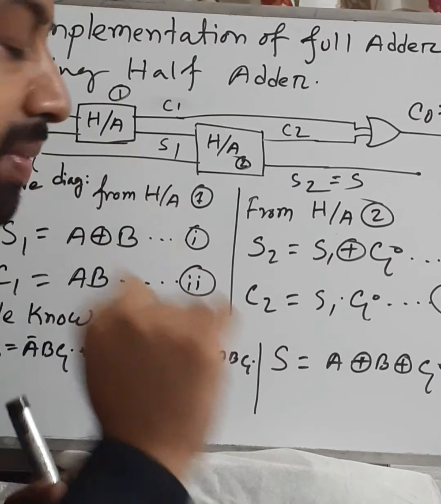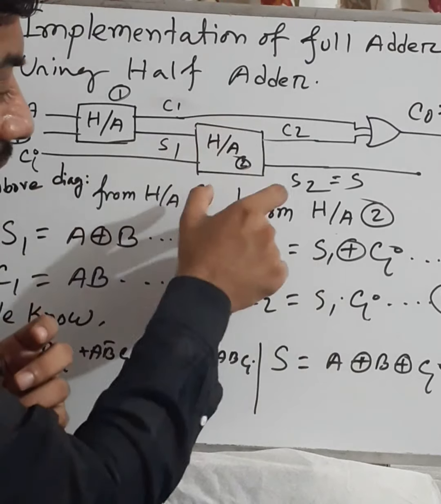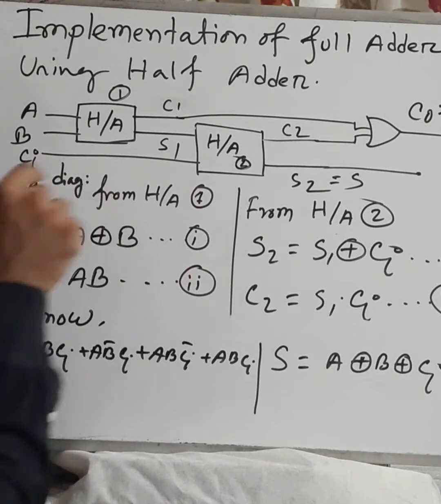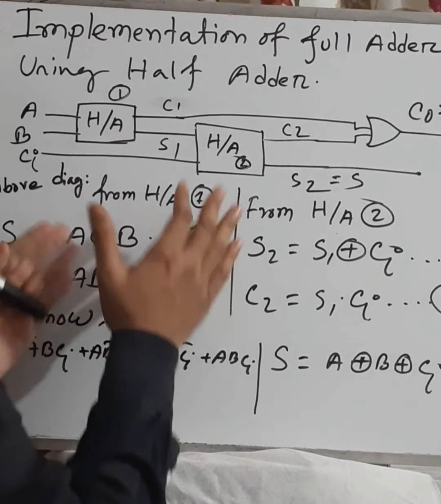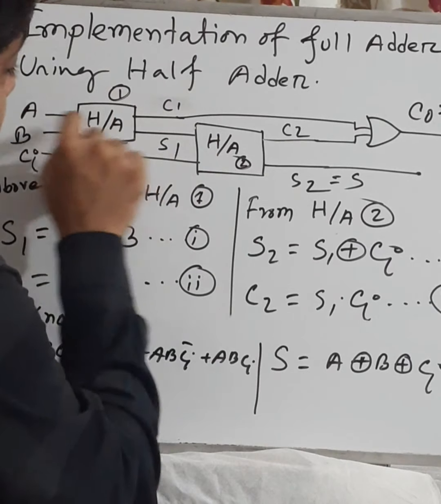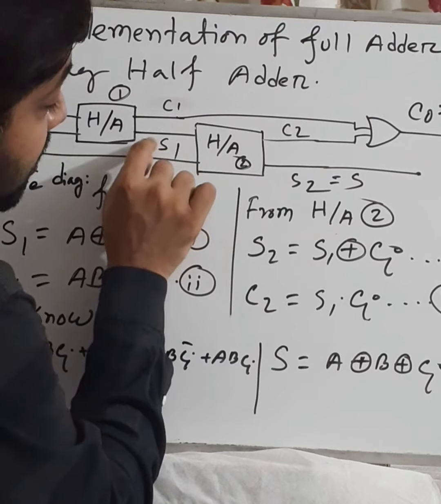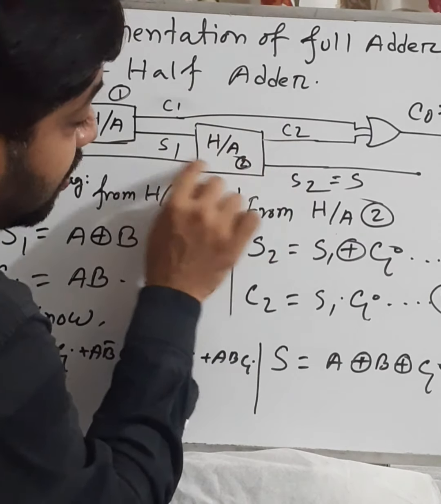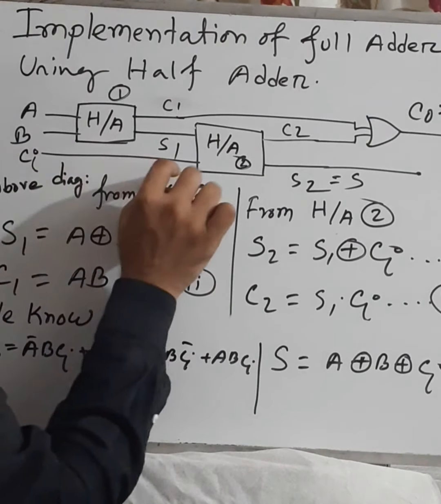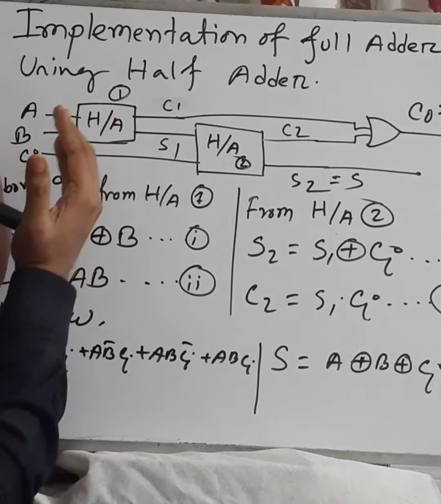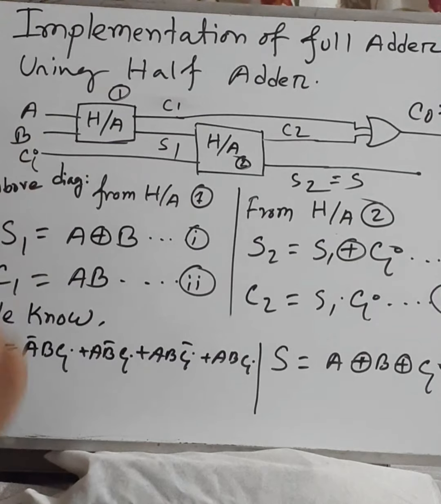I know you have a doubt: sir, then what will be the second input of the second half adder? The second input will be CI, the carry input. So in this portion of the diagram we successfully create 3 inputs for a full adder.